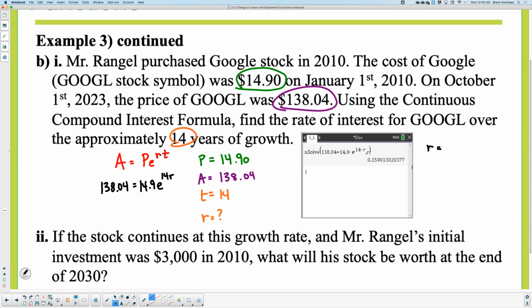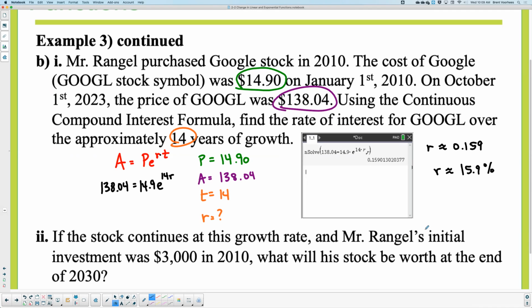So I want to say our rate is approximately 0.159, which you could write as, again, approximately 15.9%. So that would be a rate. You could say it's 15.9% growth.